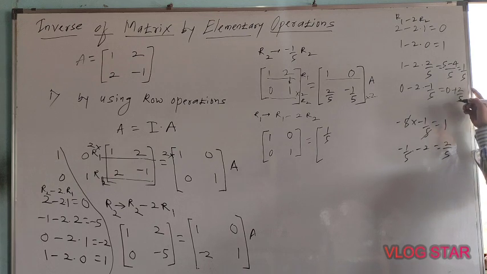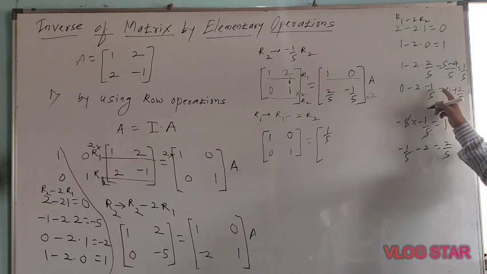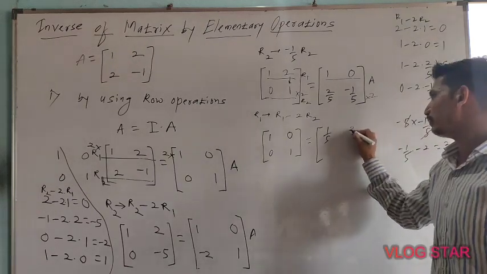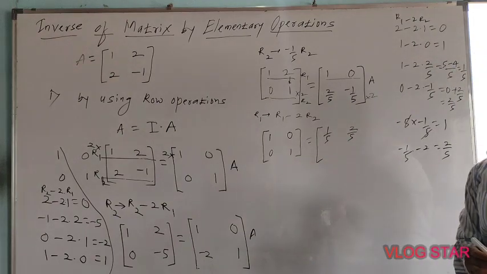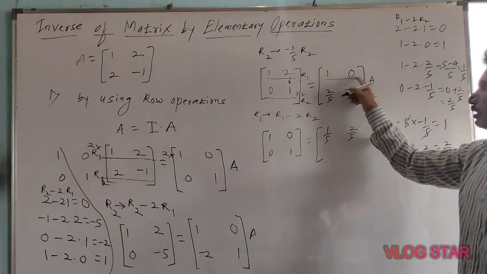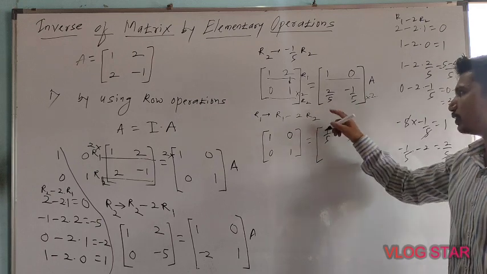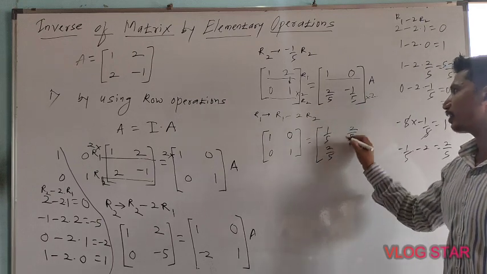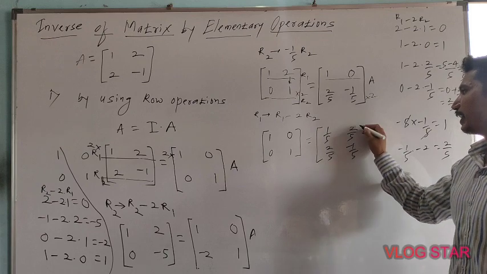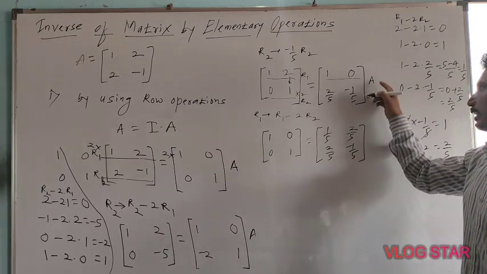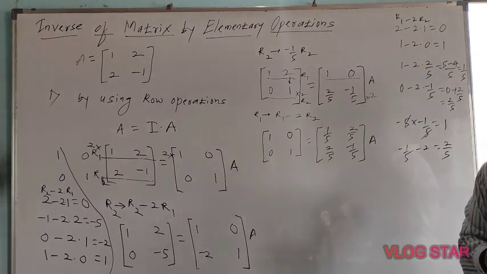So 0 plus 2 by 5 is 2 by 5. So here will come 2 by 5. So the first row I changed by using this operation. The second row is as it is here: 2 by 5 and minus 1 by 5.